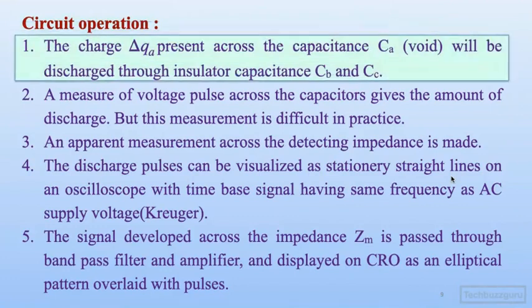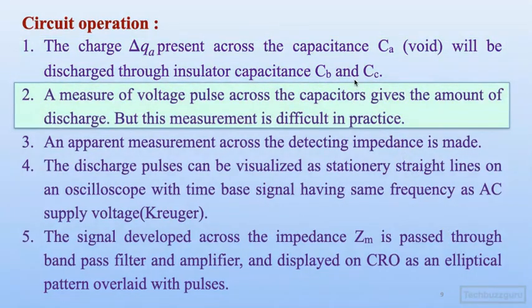The charge present across capacitor CA, that is the void inside the sample, will be discharged through the insulator capacitances CB and CC. So this principle we have realized from that equivalent circuit, that current will flow through the void area because it conducts, and as it gets charged, it will be discharged through the insulator capacitances CB and CC, and this is what will be measured by the amplifier.